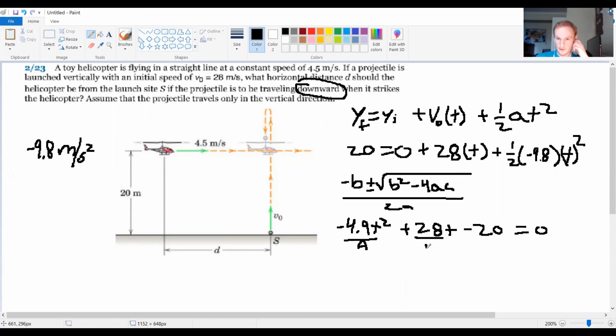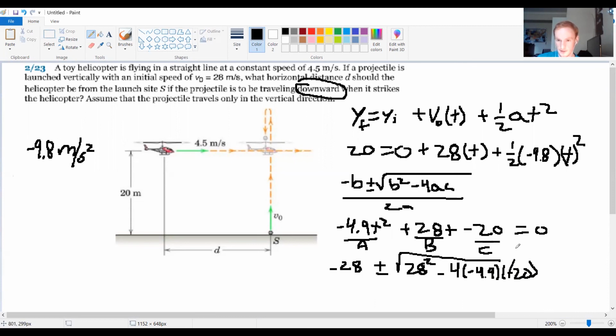This is our B. If you already know this part, you can skip it. This is our C. And then we're going to go negative 28 plus minus the square root of 28 squared minus 4ac, which is 4 times negative 4.9 times negative again 20.